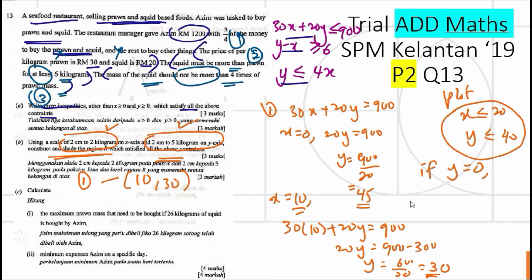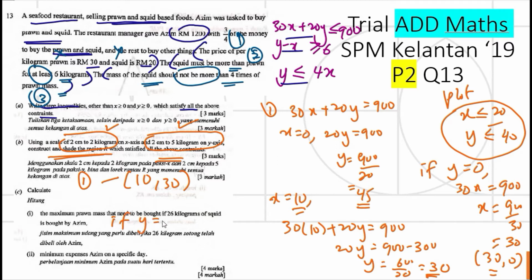Another point: if y is equal to 0, then 30x is equal to 900. x is equal to 900 divided by 30, which is equal to 30. So we get the point 30 and 0. But x should be less than 20, and 30 is quite large, so take another point which can fit in the graph.